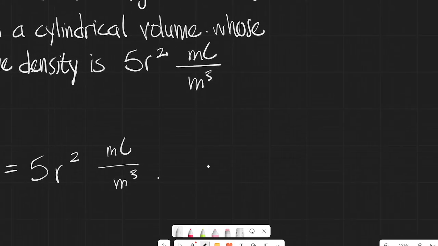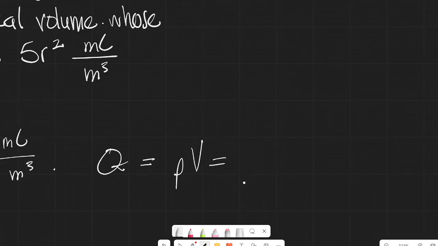Typically for static charge density, you will have rho be a constant and then multiply by the volume, in which case I could employ the volume of a cylinder, which I believe is the circumference times the height, so 2 pi r h.